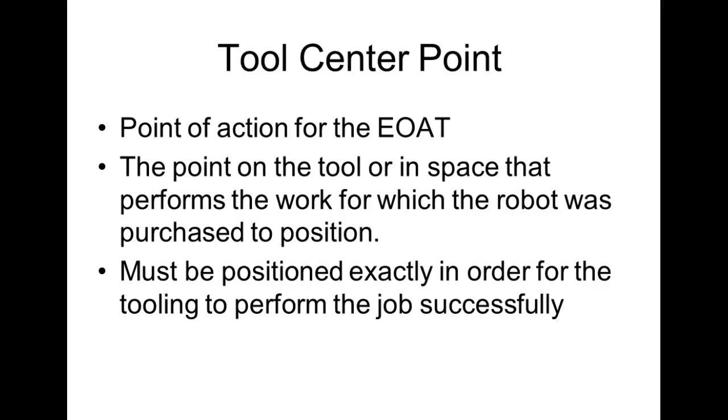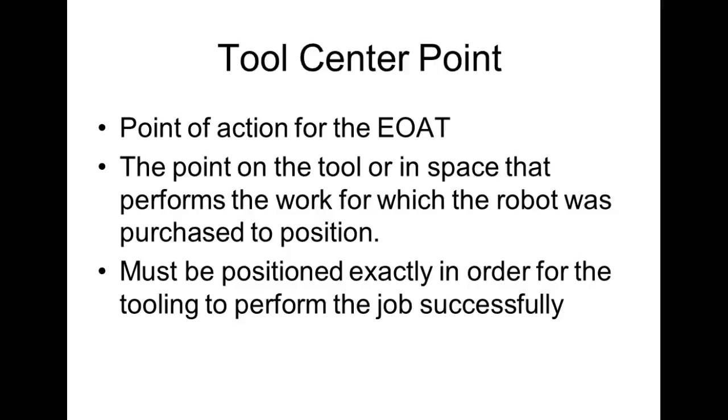It's the point of action of the tool. The point on the tool or in space that performs the work for which the robot was purchased to position. It must be positioned exactly in order for the tooling to perform the job successfully. Now, when is the tool center point important?